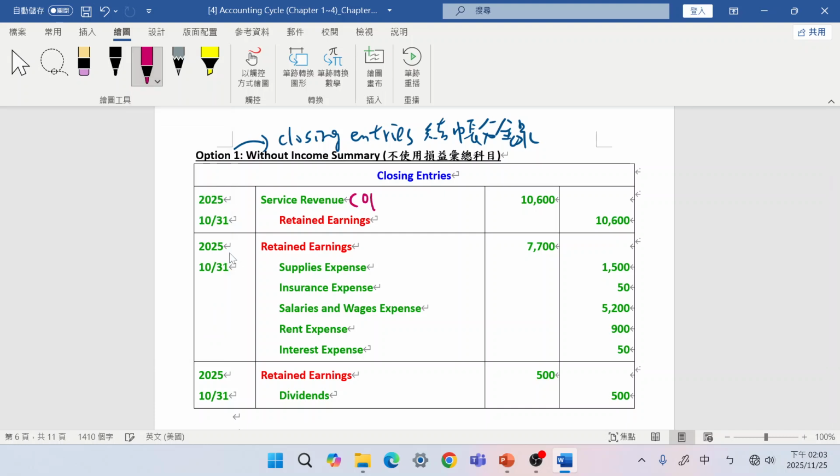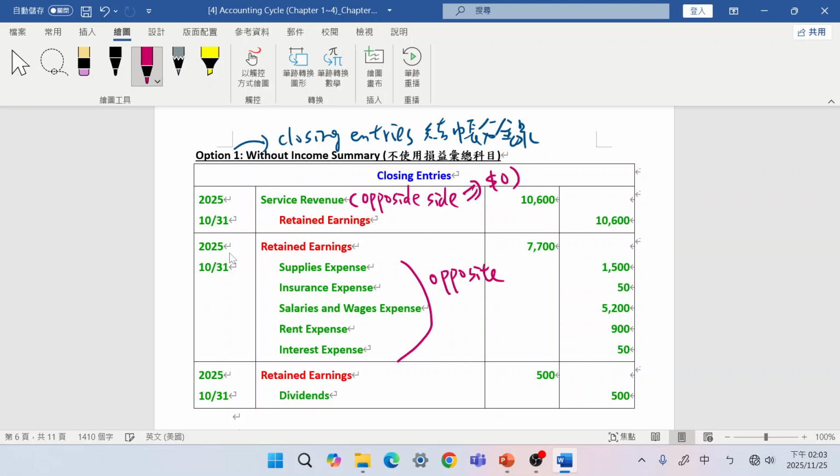So did you find out it is the opposite side, right? Revenue should be on credit, but right now we put it on debit. So on the opposite side, we could make it become 0. So for your expenses, we put them on the opposite side.